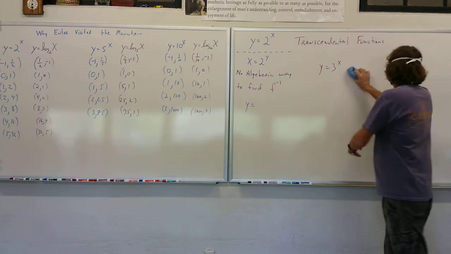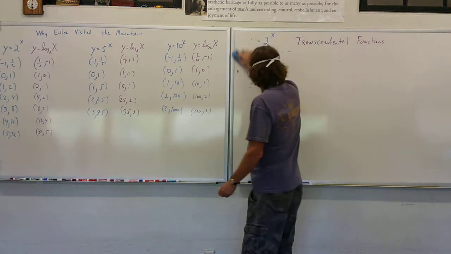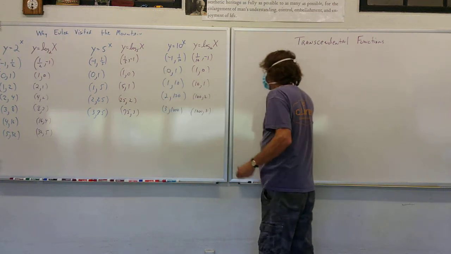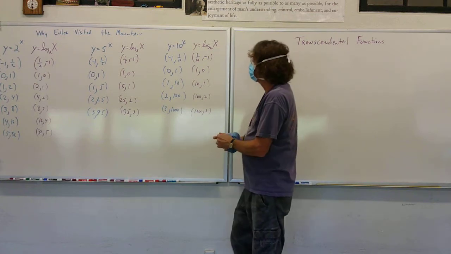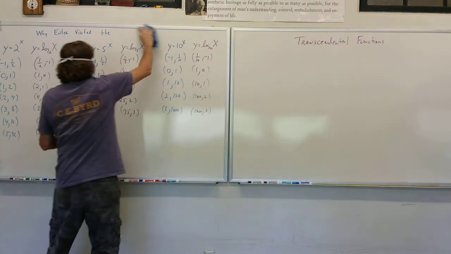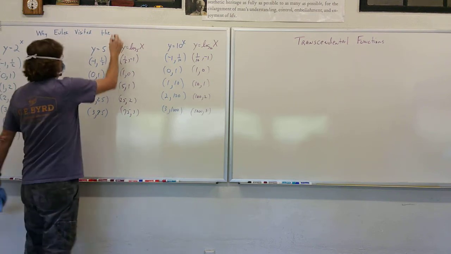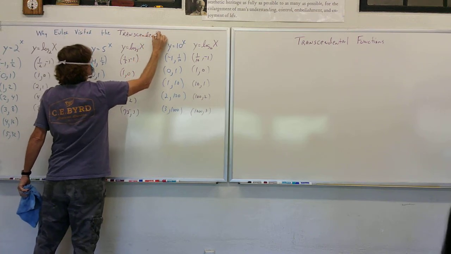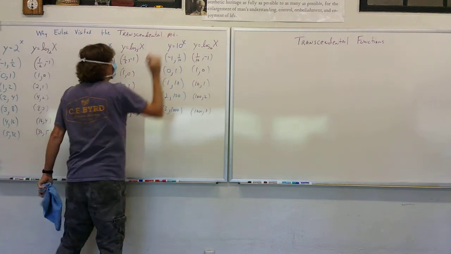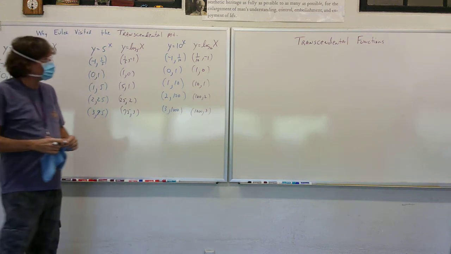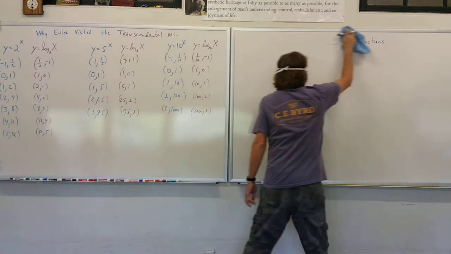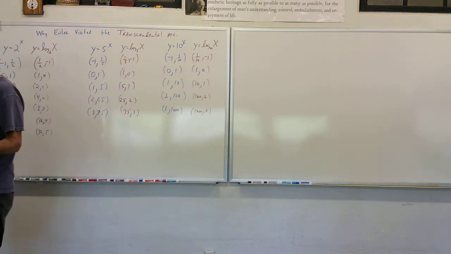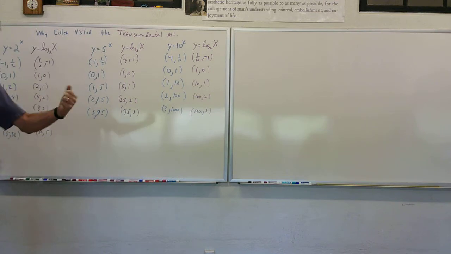Okay? Now, that's why Euler had to go to the mountains, because we couldn't do this with algebra. And he actually went to a specific mountain. He went to the Transcendental mountain. He went up the mountain, and the laws were given to him on a platinum sheet.